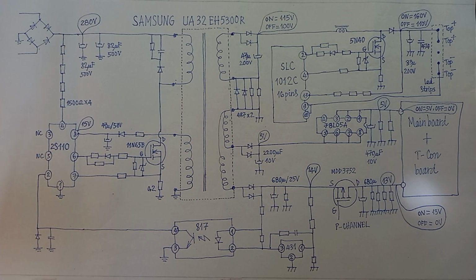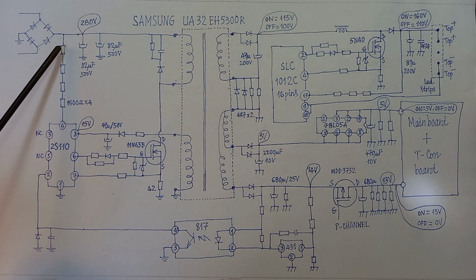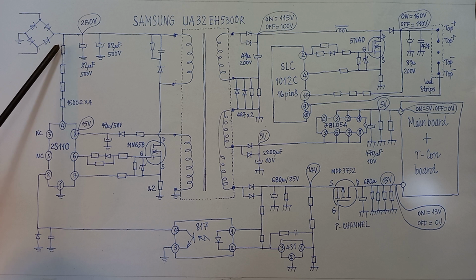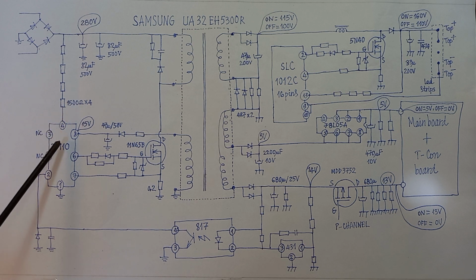Now you should pay attention to the 4 resistors. The 4 resistors are connected in series to supply the power for this IC at pin 4 at the beginning. Now you should remember about this.